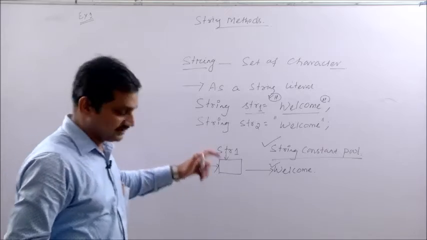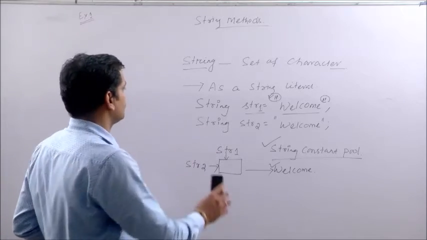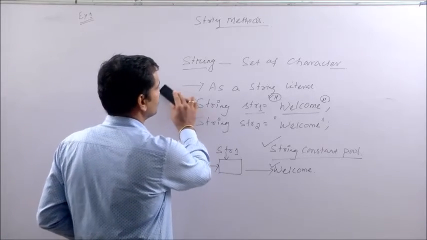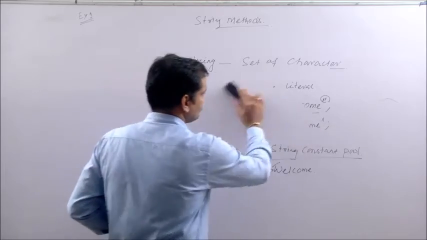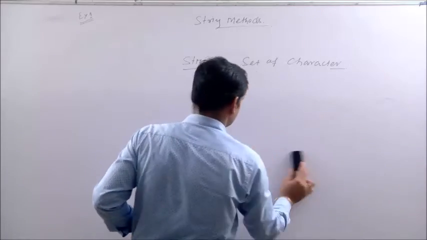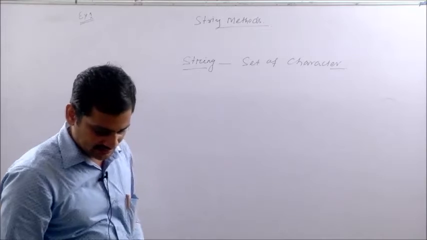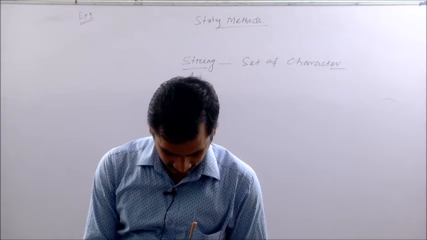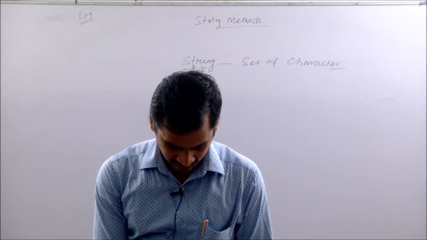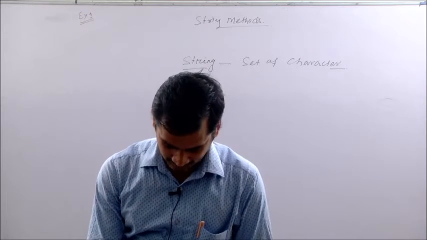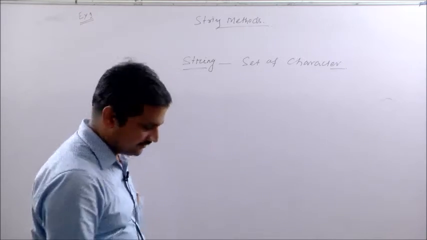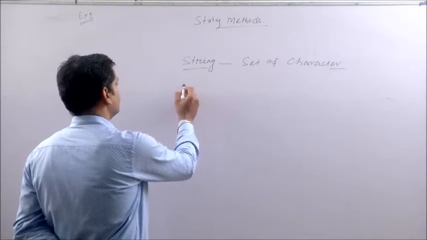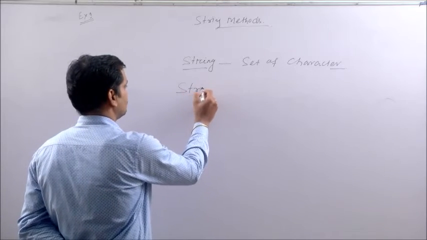Then comes the use of the new operator. How can we create a string by using the new operator? We can create a string like we create objects by using the new operator.